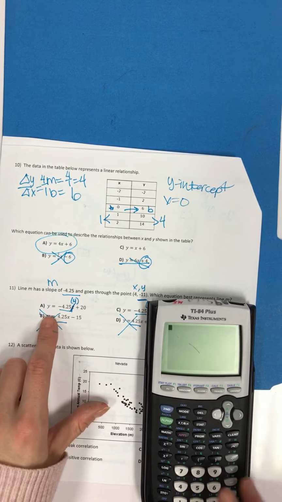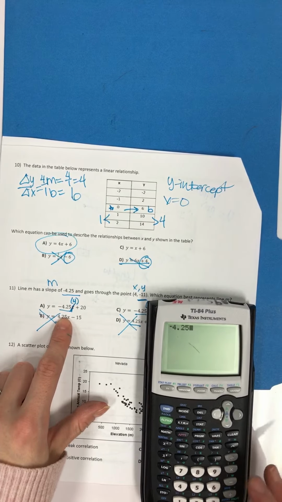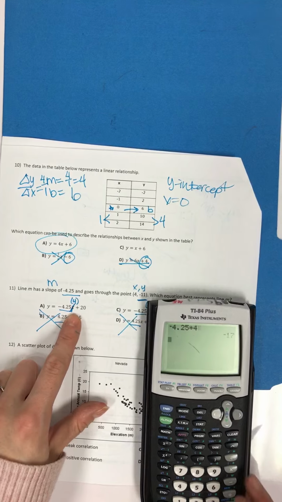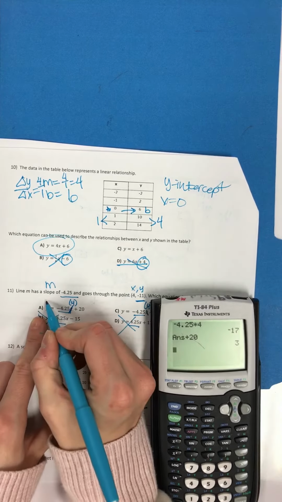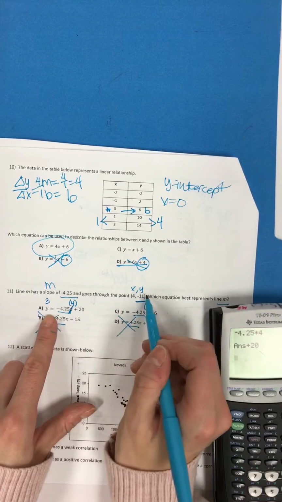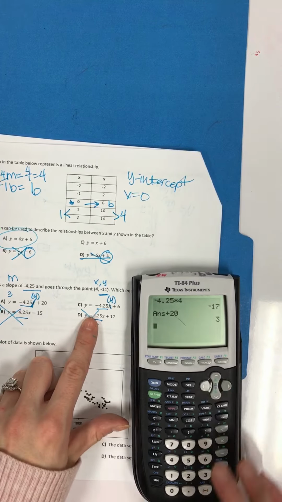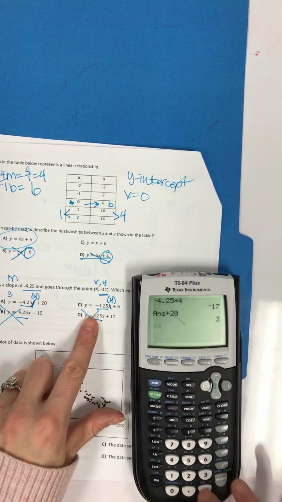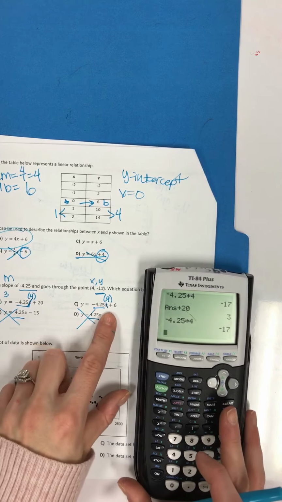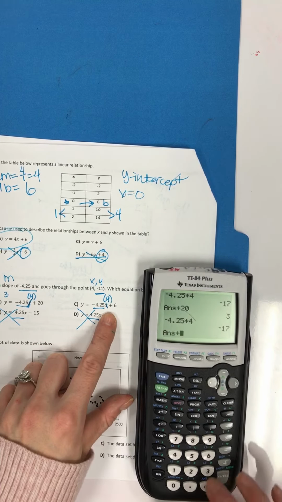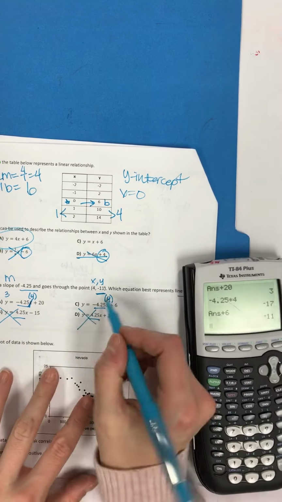So let's look at this first one, A. So negative 4.25 times 4 gives me negative 17 plus 20. So that gave me an answer of 3. Is that the same? No. So just to make sure, let's check this one. So negative 4.25, we'll do it again just to make sure, times 4. Negative 17 plus 6. Negative 11, negative 11.